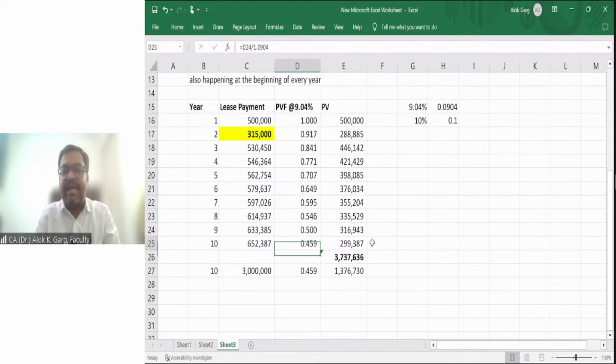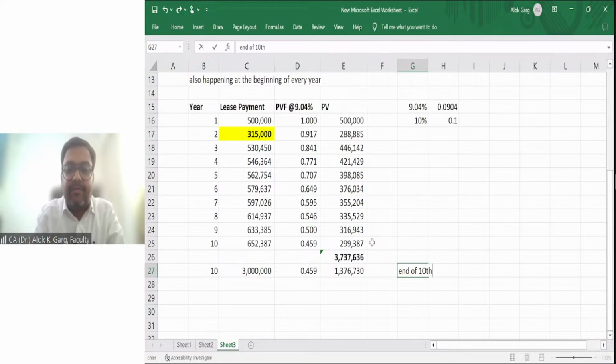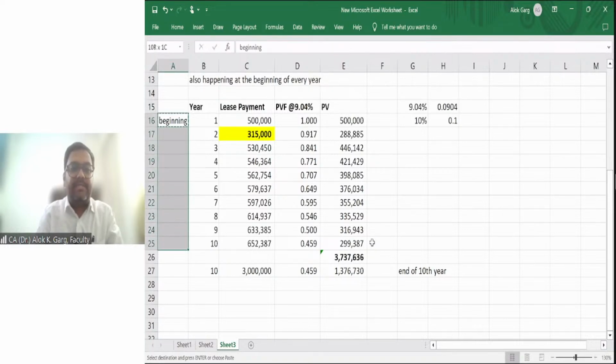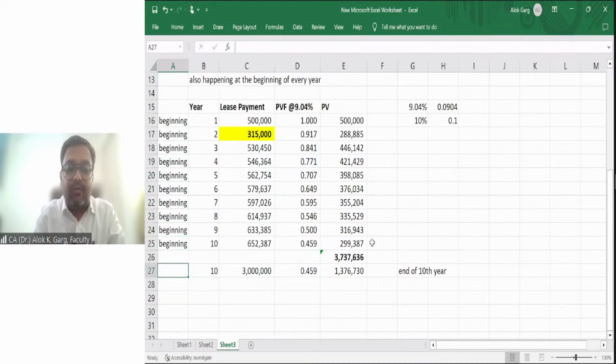Sorry, there is one gap. These discount rates are for the beginning of the year, and this payment is at the end of the 10th year. These all are the beginning of the first year, beginning of the second year, and this 10th year is the end. It means the opening and closing differ by 1 year, right?